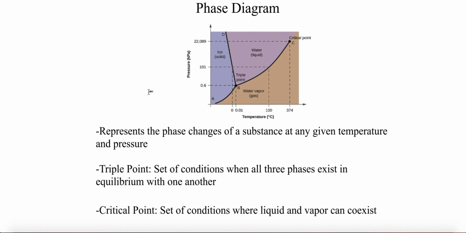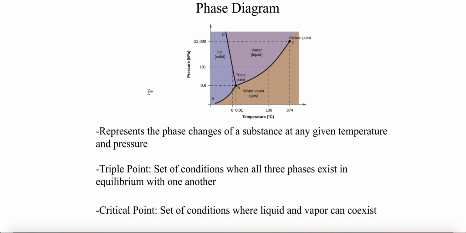And what that means is that a substance can change between solid, liquid, or gas. Basically any of these can exist at this point, and it'll alternate between them. It'll go from being a solid directly to a gas, back to a liquid, and then back to a gas, and back to a solid. It'll just go between the three. So all three are possible at the triple point, hence the name.